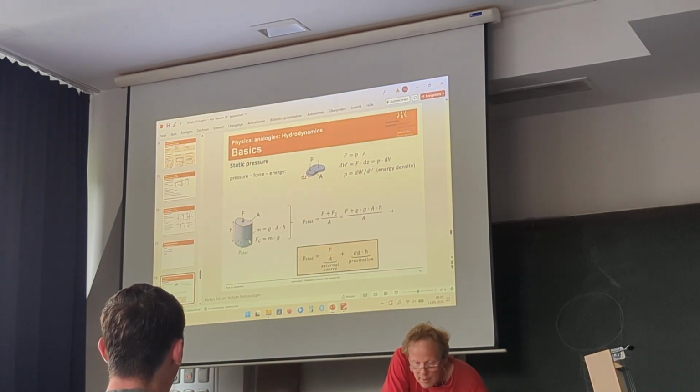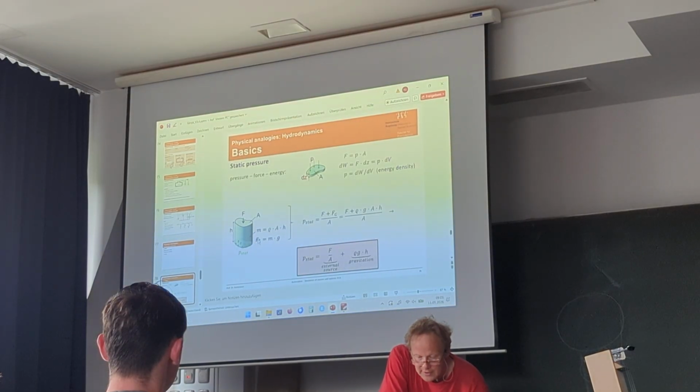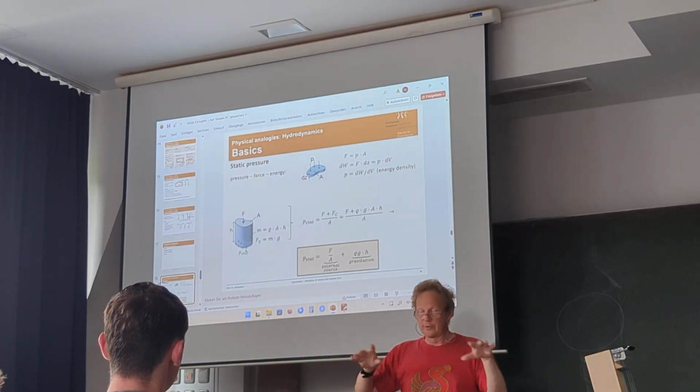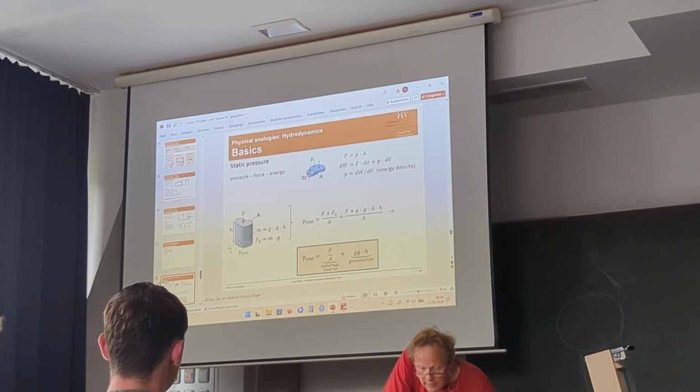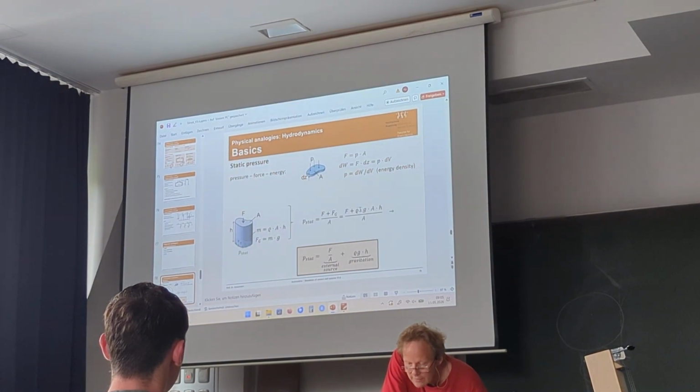So we have a certain mass, and mass multiplied with gravity is then the weight force of this material on the bottom surface, on this disk at the bottom. And this is the static pressure, and so everything put together means we have here rho times g, so density times gravity, then here we have the volume, and then again divided by the area so that we get not the force but the pressure.